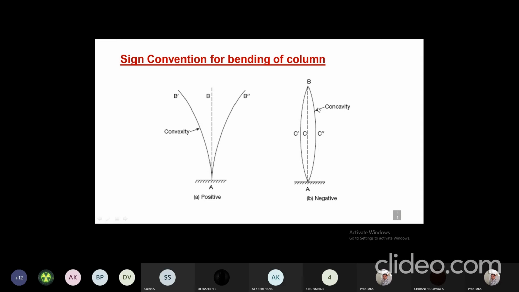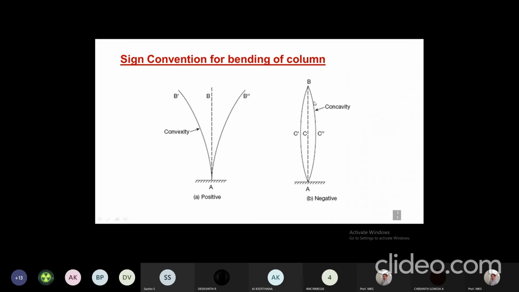In the second case, if this is the initial straight beam AB and the beam bends in this manner such that with respect to the initial beam the concavity is seen, then we take the bending moment as negative. It can be in the form of C dash or C double dash.